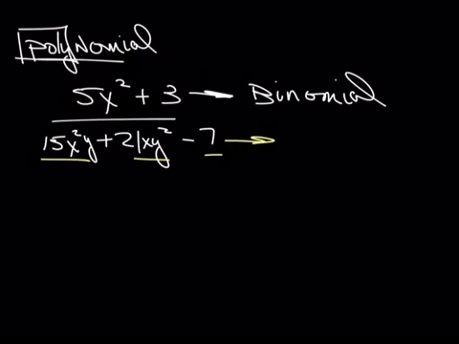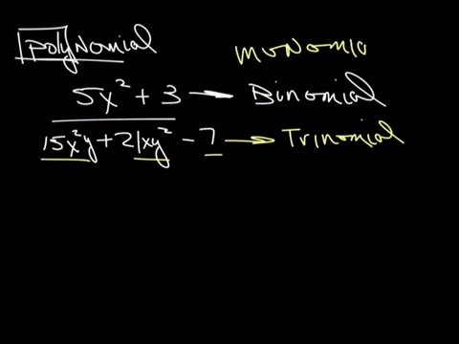So when you have three terms, what do you think that's called? Trinomial. And those are basically the three we're going to deal with. The monomial, the binomial, the trinomial, and then everything else is a polynomial. And I have a tendency to call most of them just polynomials just because they all fit into that category.